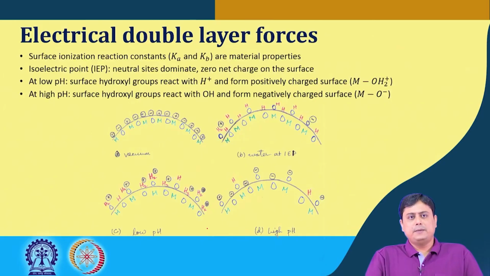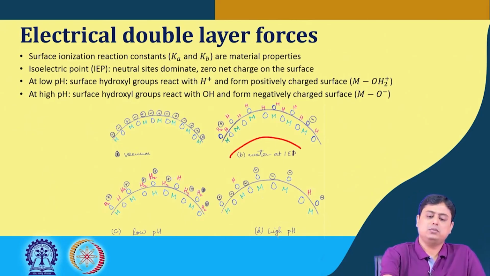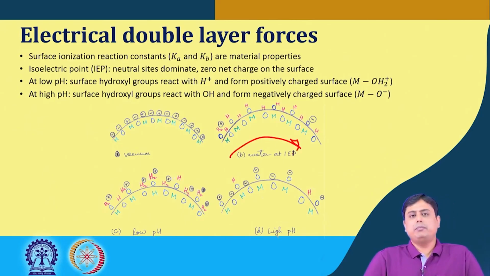So the point is, there is an isoelectric point, which is called IEP, where we have mostly neutral sites on the surface, that is zero net charge on the surface, which is this kind of a scenario. Here we have mentioned that as in water, considering pH as 7. But this is again material specific.